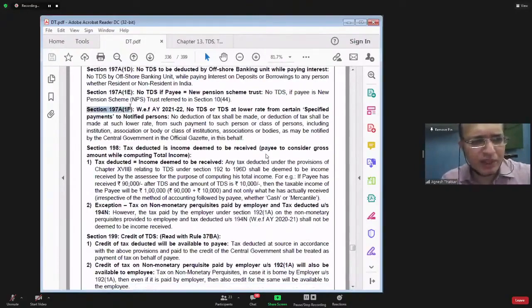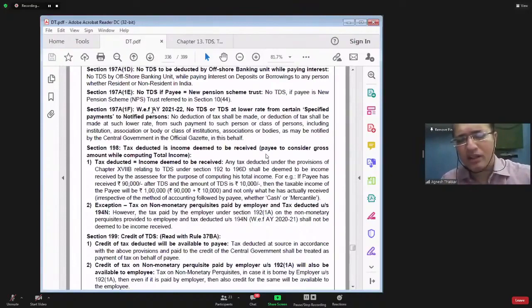Section 197A, subsection 1F: no TDS, or TDS at a lower rate, from certain specified payments to notified persons. See, the government has not notified anything. This is just introduced as a precautionary provision.